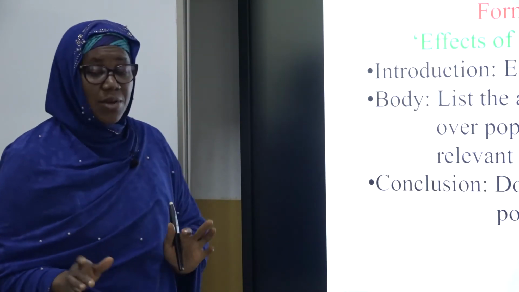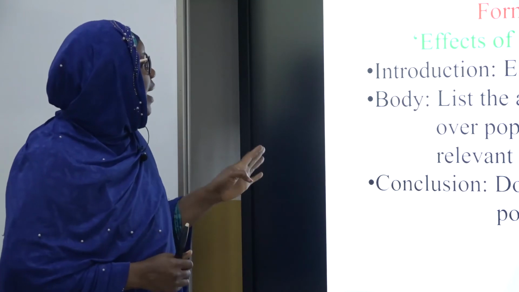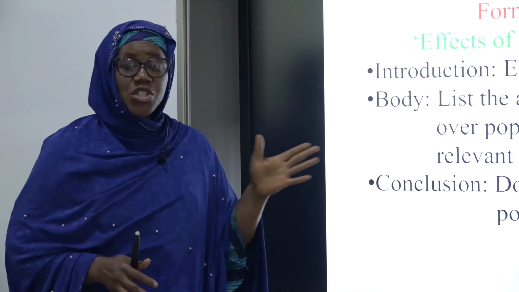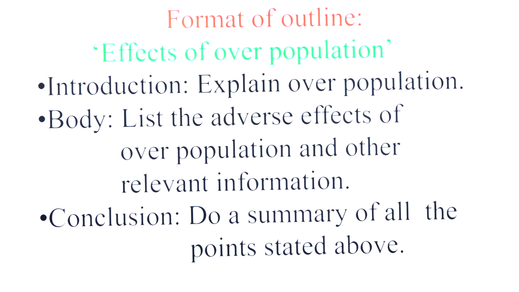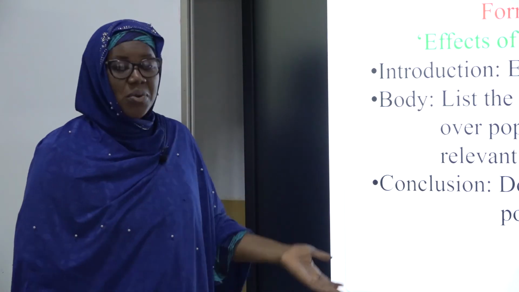Then format of an outline. If you have effects of overpopulation, for instance, in your introduction, you explain overpopulation. When you get to the body of the write-up, you list the adverse effects of overpopulation and other relevant information. After listing the adverse effects, there may be advantages to overpopulation.